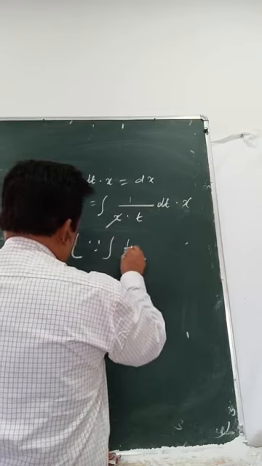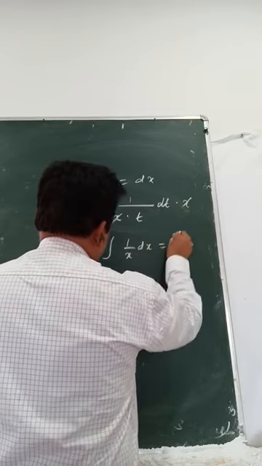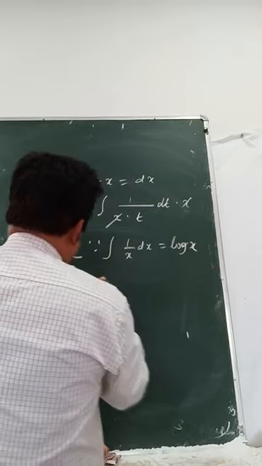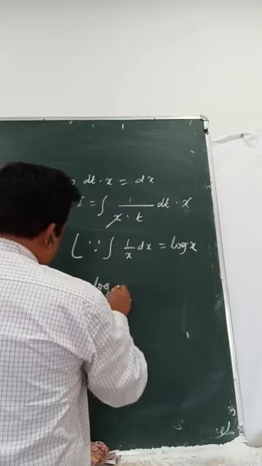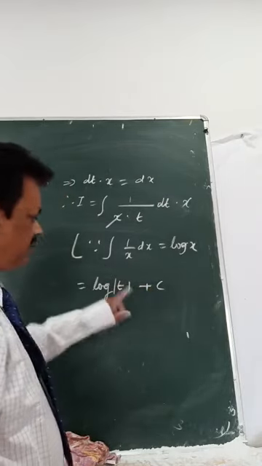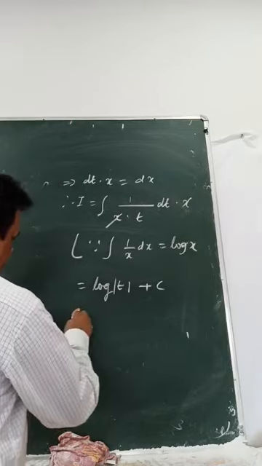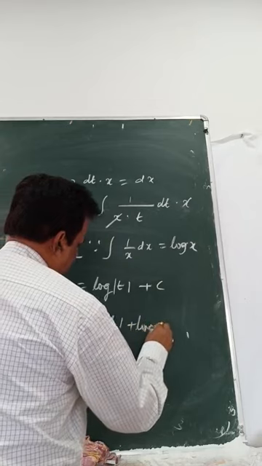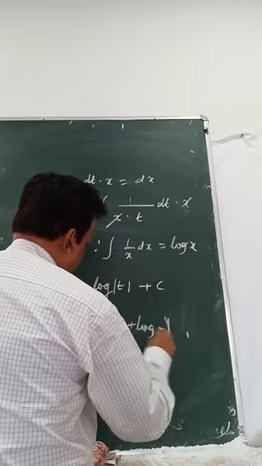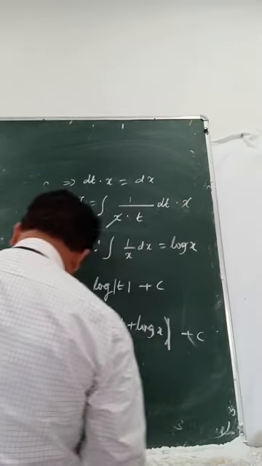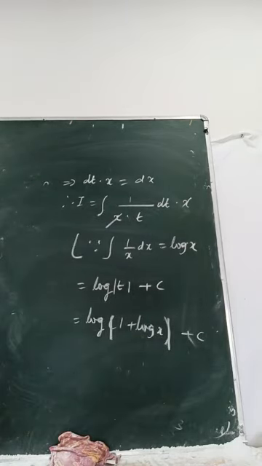Since integration of 1 by x dx is log x, so this will be log t plus a constant. Now put back the value of t. So that will be log of 1 plus log x. Modulus we have to keep here, log in the modulus form plus a constant. Okay. Similarly, you can take some more examples.